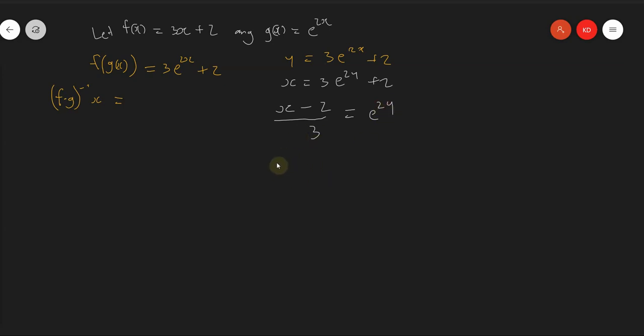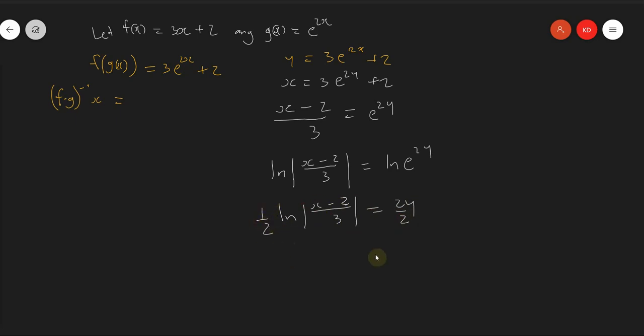Now we log both sides, so that's ln of x minus 2 over 3 is equal to ln e to the 2y. Therefore, divide both sides by 2.